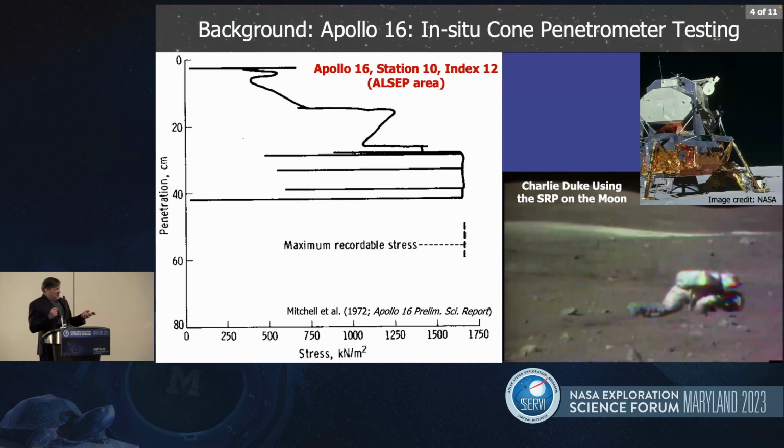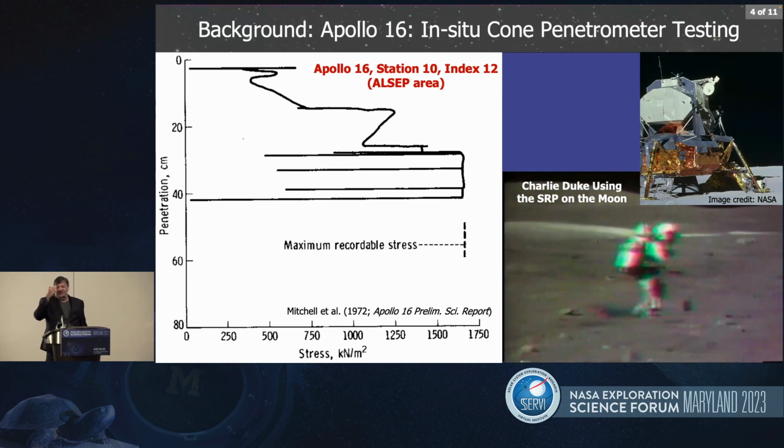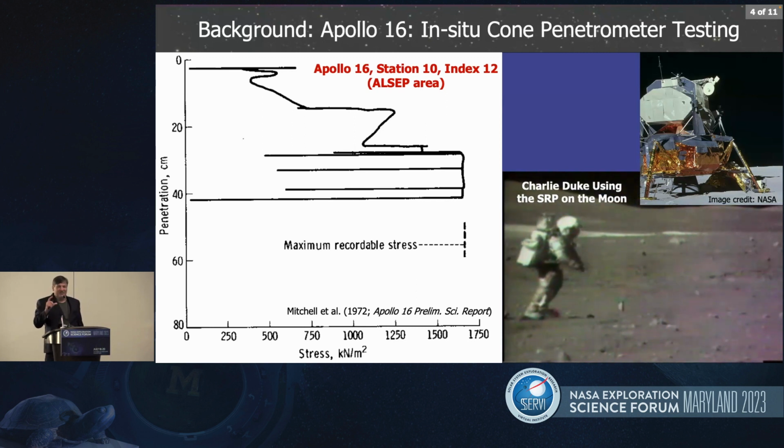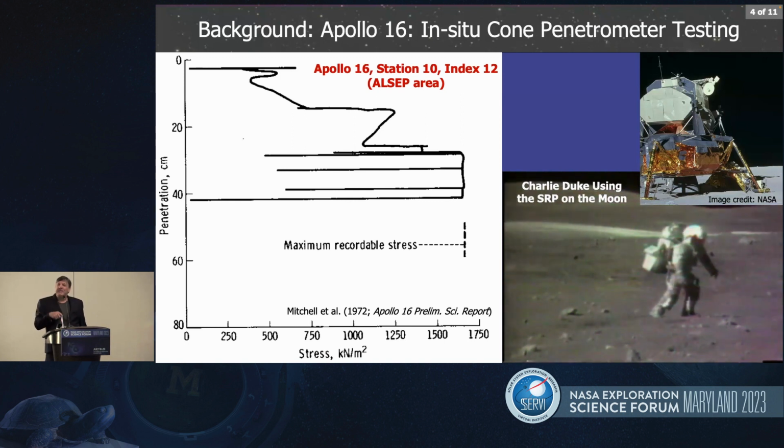But the geotechnical data from Apollo 16 showed that although along the landing region of the moon for Apollo 16 the near-surface stratigraphy was locally variable, there's a general similarity between stations 4 and 10 in that a firm layer is encountered about 5 to 10 centimeters below the surface.